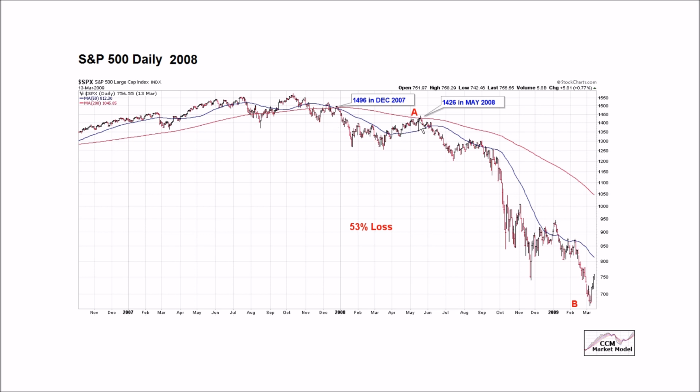After this failure at the 200-day moving average here from point A to point B, the S&P 500 lost an additional 53%. So in this case, the failure at the 200-day was significant, and really bad things happened after that.